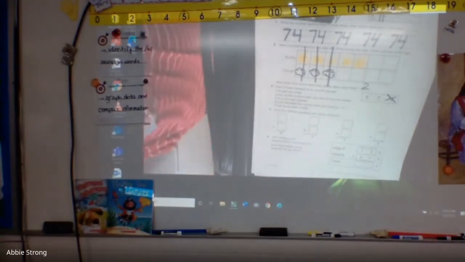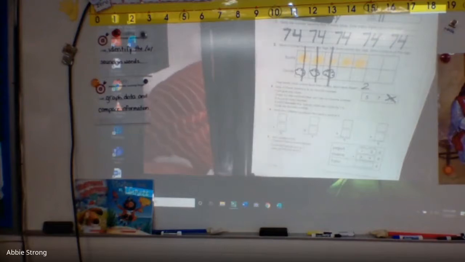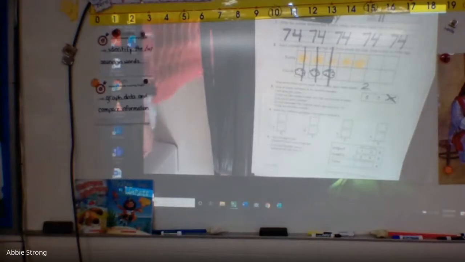Now, the next clue says it is not between 4 and 6. Which number do you say when you count 4, 6? Listen to my instructions. When you're counting 1, 2, 3, 4, 6, 7, 8, 9, 10.